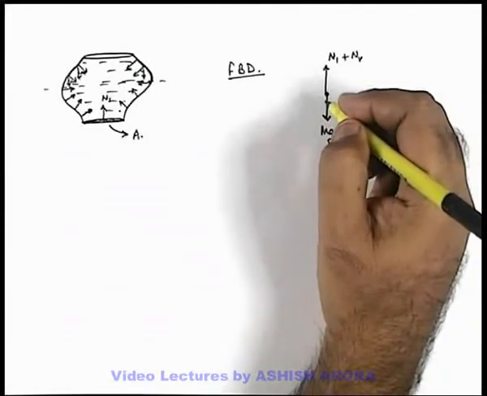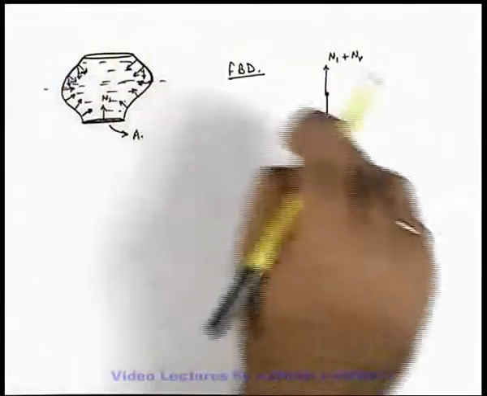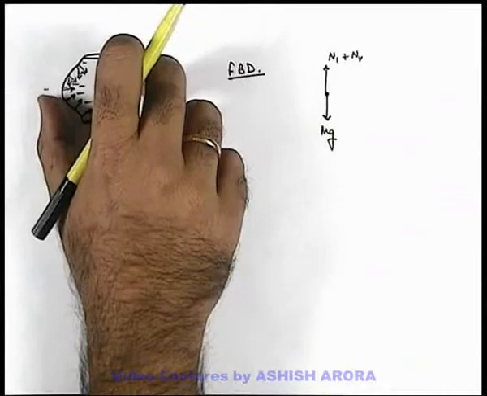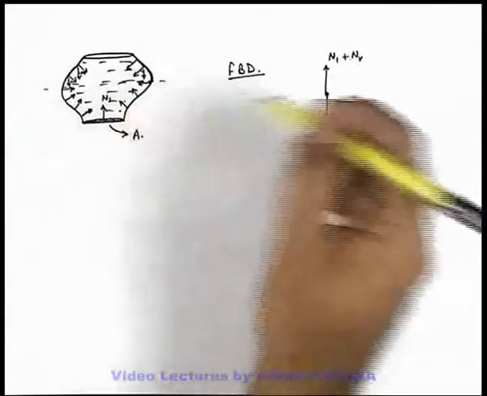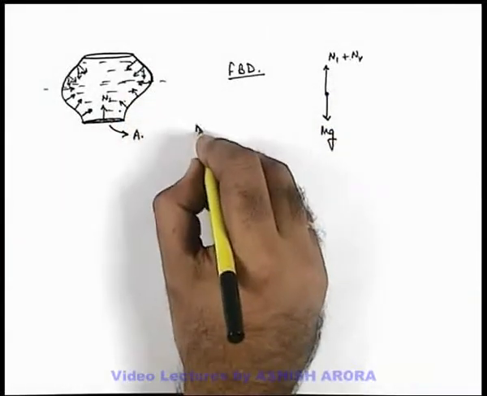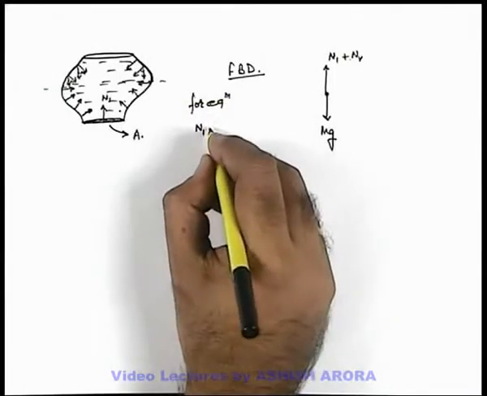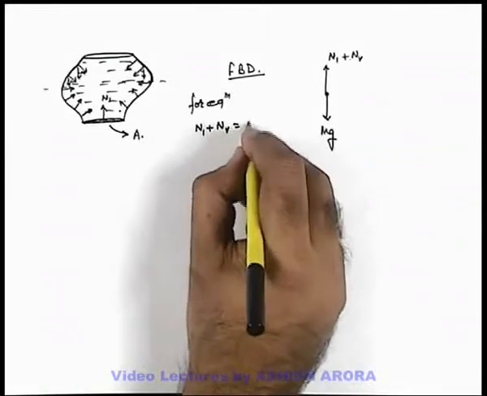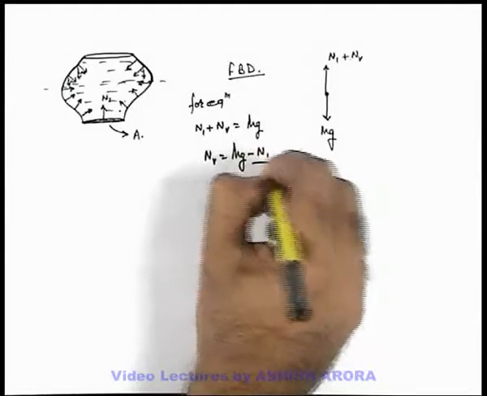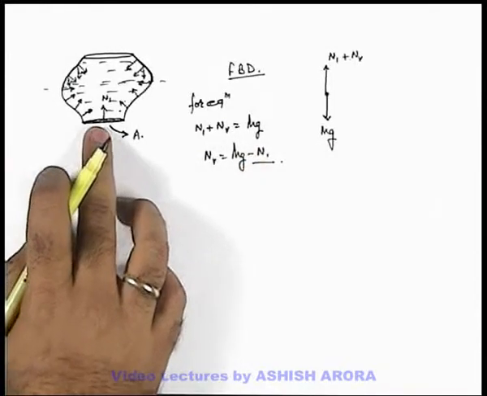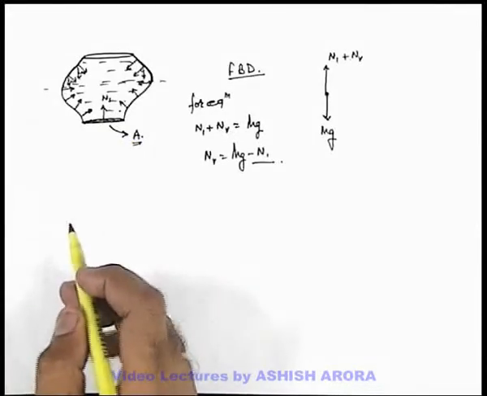But in some situations, as we will see in examples, N1 is more than the weight of the fluid contained in the vessel, and in that case NV will act in the downward direction for equilibrium. So for equilibrium of the fluid we always write the similar relation: N1 plus NV is equal to mg. So NV can be written as mg minus N1, and N1 can be calculated by multiplying the fluid pressure at the bottom with the total area of the bottom.